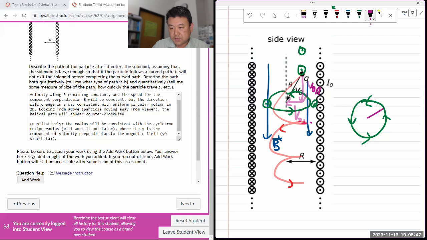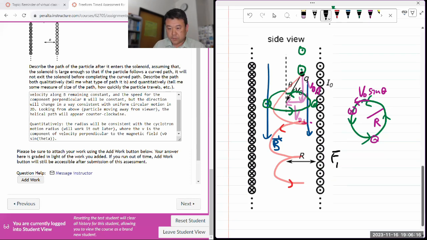So I have this radius r that I'm trying to work out, and this says the component of velocity in this view, that's V naught sine theta, and there's magnetic field perpendicular to it, into the page, out of the page, this way. Yeah. So that V cross B. Okay, it all works. So this is what I have to write down.